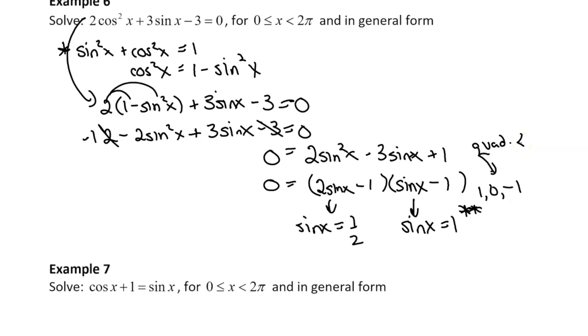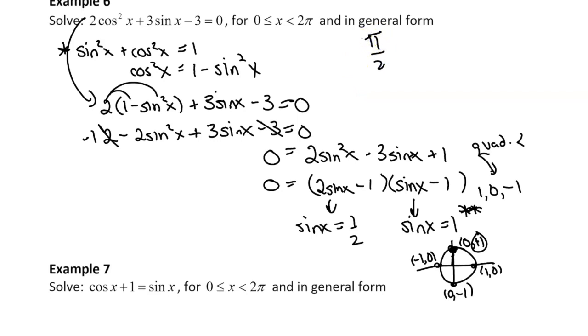And so for our quadrantal angles, we could once again draw our unit circle, and you want to find when your y value, which is the sine value, is equal to 1. The y value is equal to 1 at pi over 2, right at the top there. So one of your solutions here is going to be pi over 2.